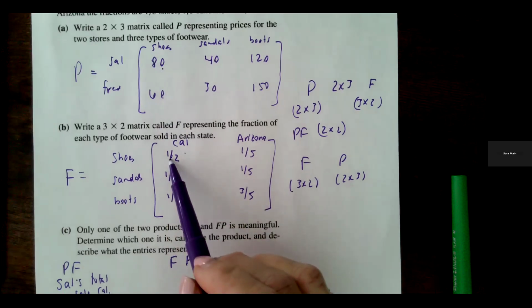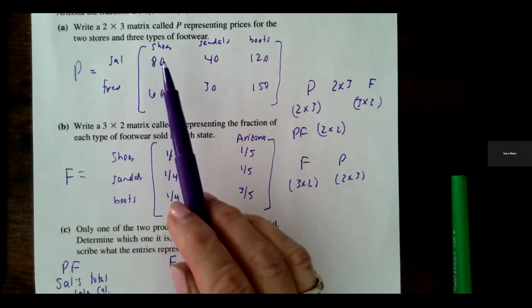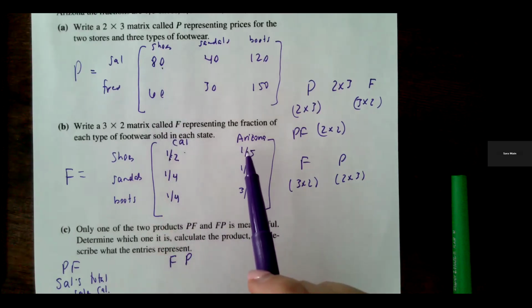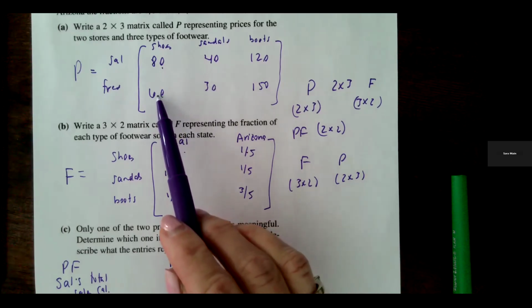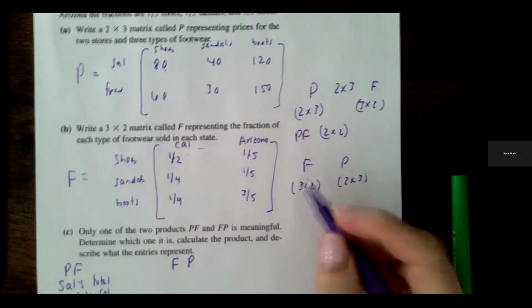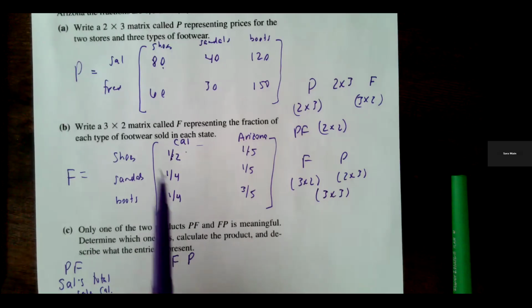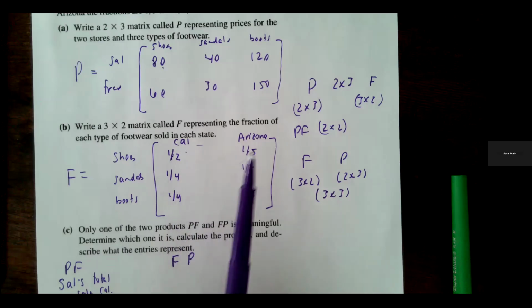Because it would be 1/2 times 80, and then 1/5 times 60. So it would be, because this would end up being a 3x3. So it would be the total that they would both sell for shoes, sandals, and boots in California, and the total that they would sell for shoes, sandals, and boots in Arizona.